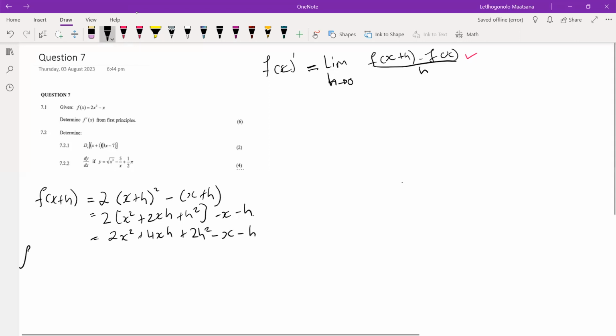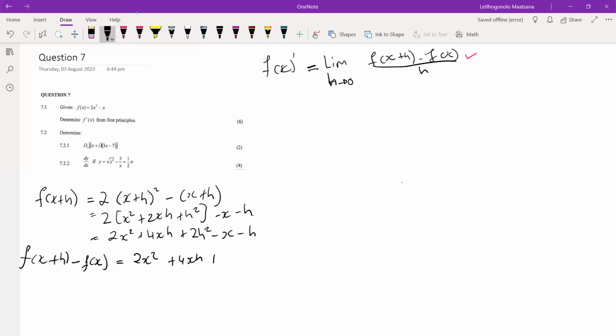Let's now consider this equation minus that equation. So we get 2x² + 4xh + 2h² − x − h. Then we're going to minus that part, which is 2x² − x, which will give us a positive x.